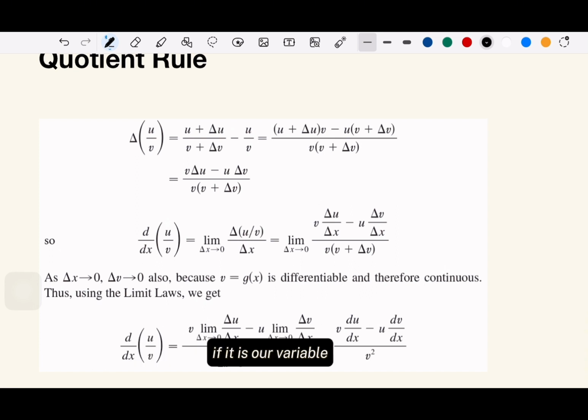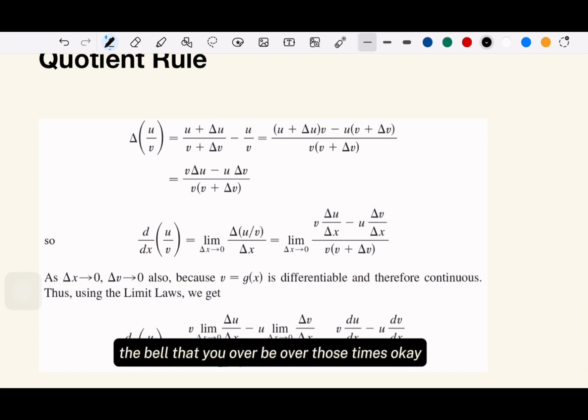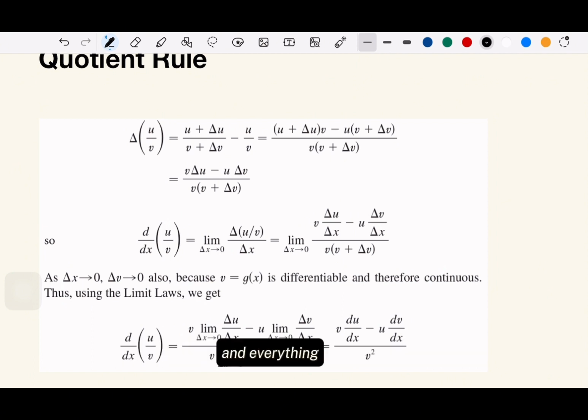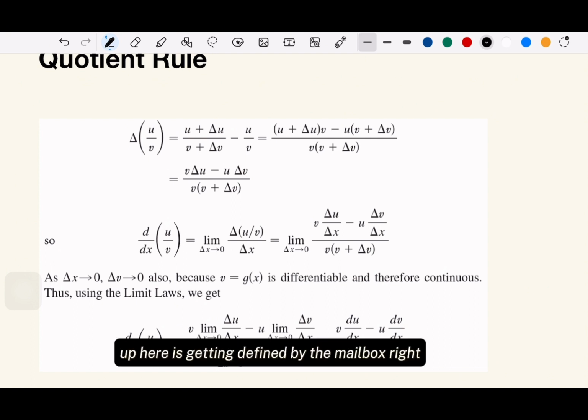That is our variable. So delta x closer to 0. So we can set up delta of u over v, over delta x, and everything up here is defined by delta x.